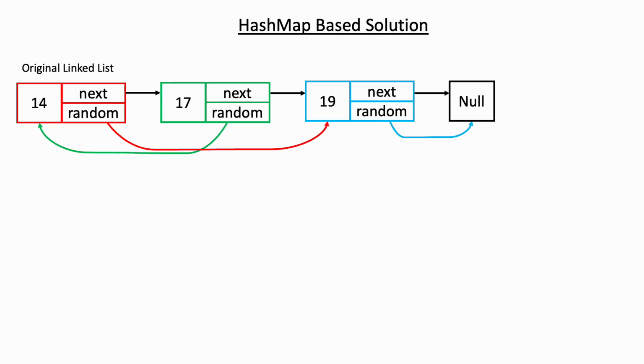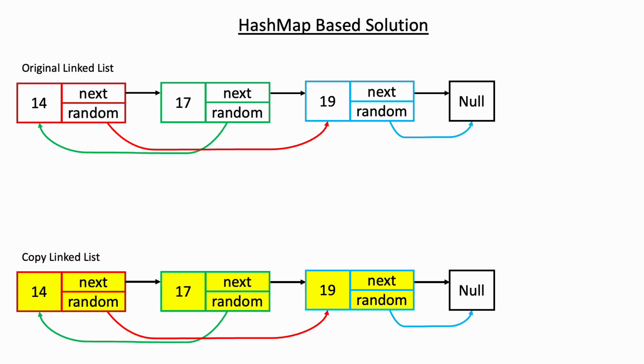Let's understand the problem using this example test case. We need to create a copy linked list of the original linked list like this. The copy nodes are yellow colored. The intuition is to create copies of the nodes of the original linked list and maintain a mapping of original nodes to copy nodes to set the next and random pointers of the copied nodes.